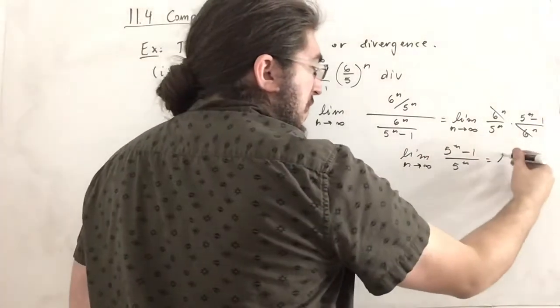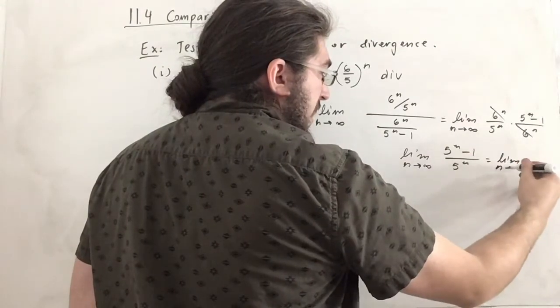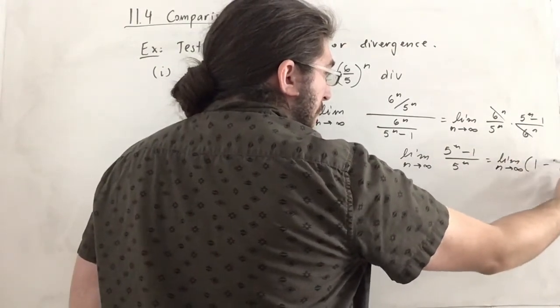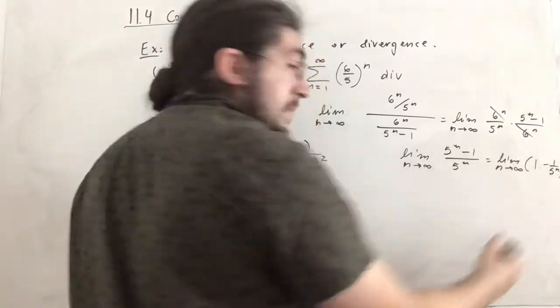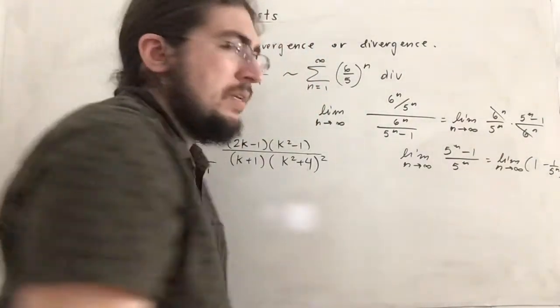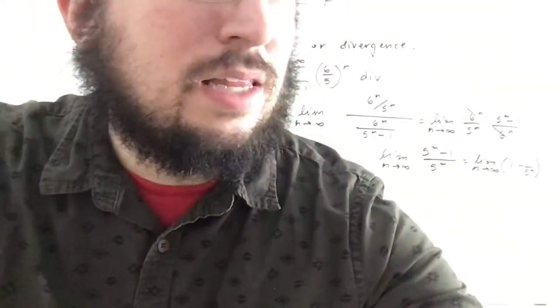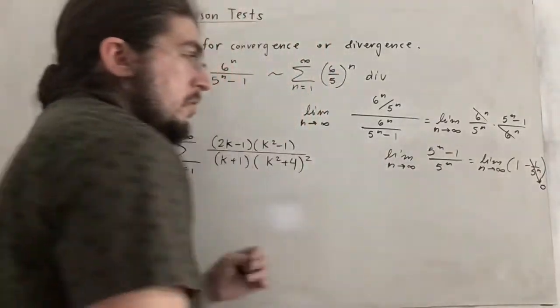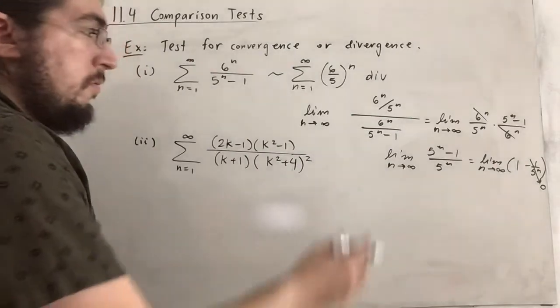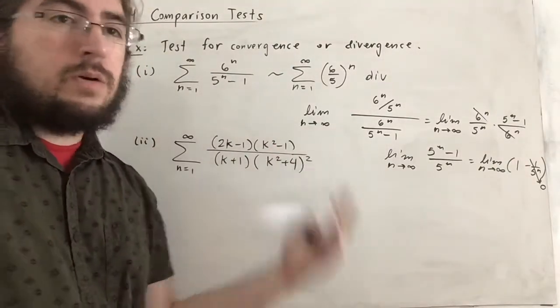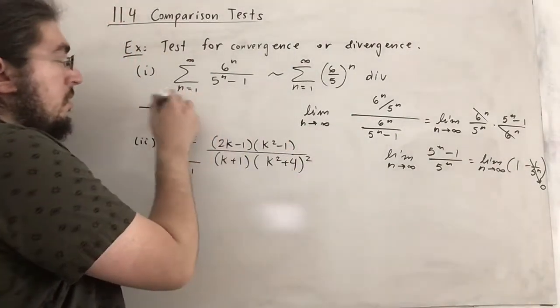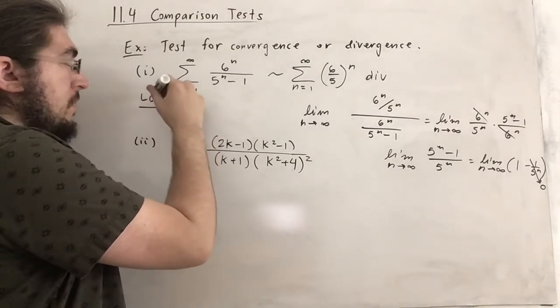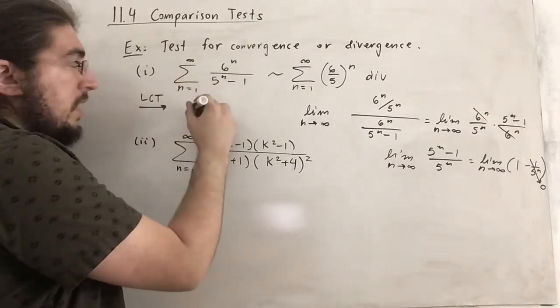And if you split that fraction up, you'll get 5 to the n over 5 to the n, which is just 1, minus 1 over 5 to the n. I'll just scoot it over a bit so you can see it. There we go. And this, of course, goes to 0 in the limit, so this approaches 1. So that means it's bigger than 0 and not infinite. So finally, by the limit comparison test, this series diverges.